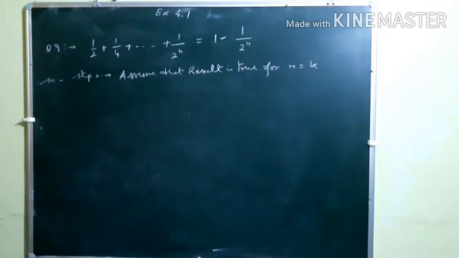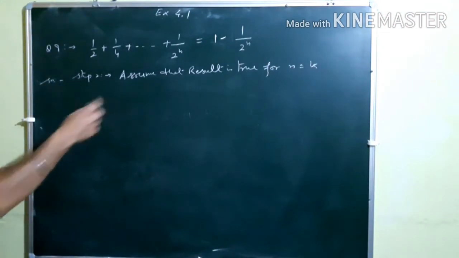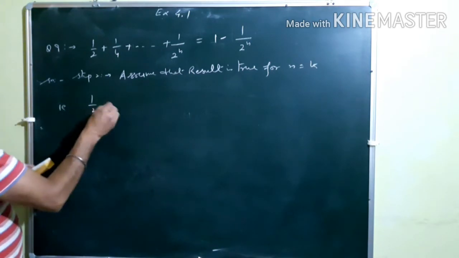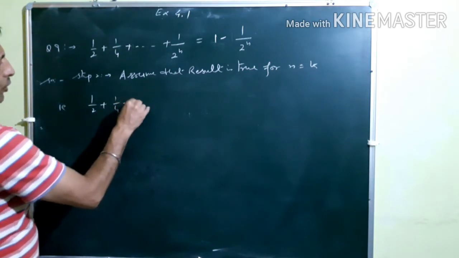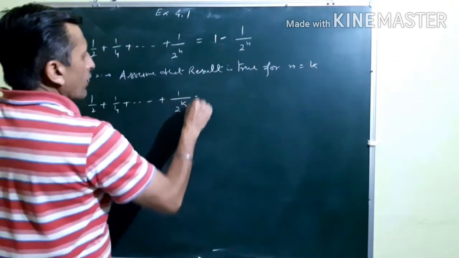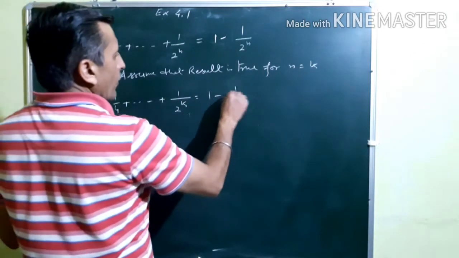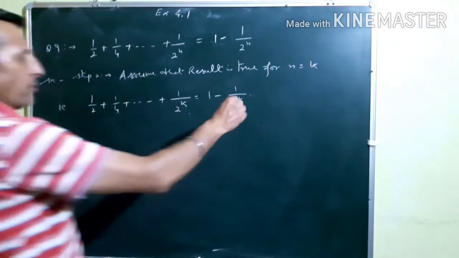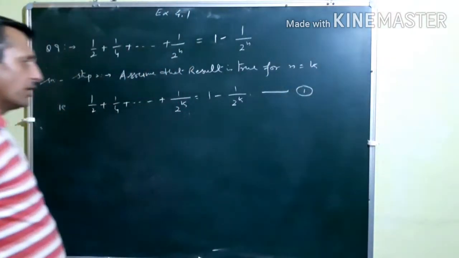Okay, so we have assumed that the result is true up to here. That means 1 upon 2 plus 1 upon 4 and so on, up to 1 upon 2 raised to power k, is equal to 1 minus 1 upon 2 to the power k. We assumed this concept. Let it be number 1 because we have to use it in step number 3.